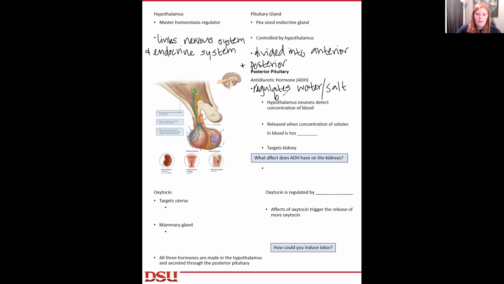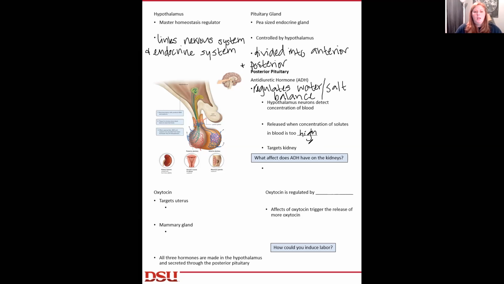So again, the hypothalamus is going to control this, and specifically neurons that report back to the hypothalamus are going to detect the concentration of water and salt in the blood. So the ADH hormone is released when the concentration of solutes in the blood is too high.